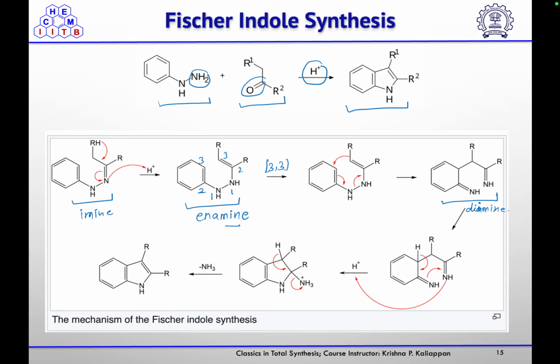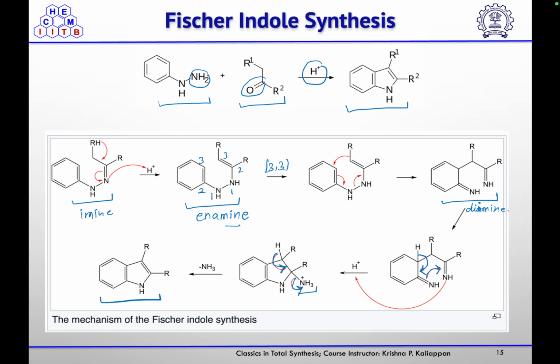Then, for regaining aromaticity, this will rearrange. Proton loss will take place to get the double bond in the benzene ring; aromaticity is the driving force for the proton loss here. Then that amine will react at the carbon and form a good leaving group by abstraction of a proton, and then another proton loss and the loss of ammonia will give you indole.